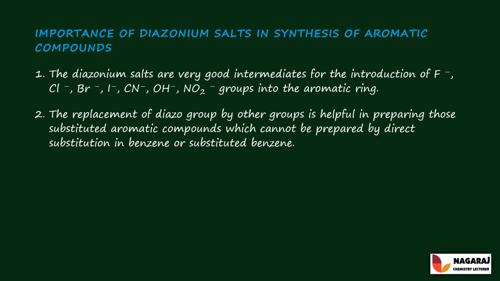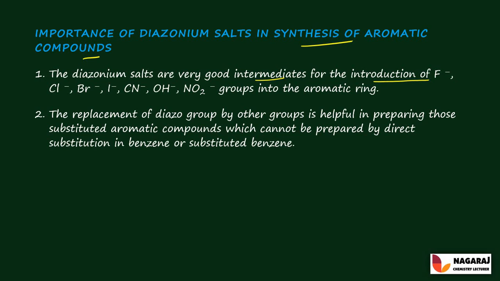Next, let us see the importance of diazonium salts in the synthesis of aromatic compounds. Diazonium salts are very good intermediates for the introduction of fluorides, chlorides, bromides, iodides, cyanides, hydroxyl groups and NO2 groups into the aromatic rings.